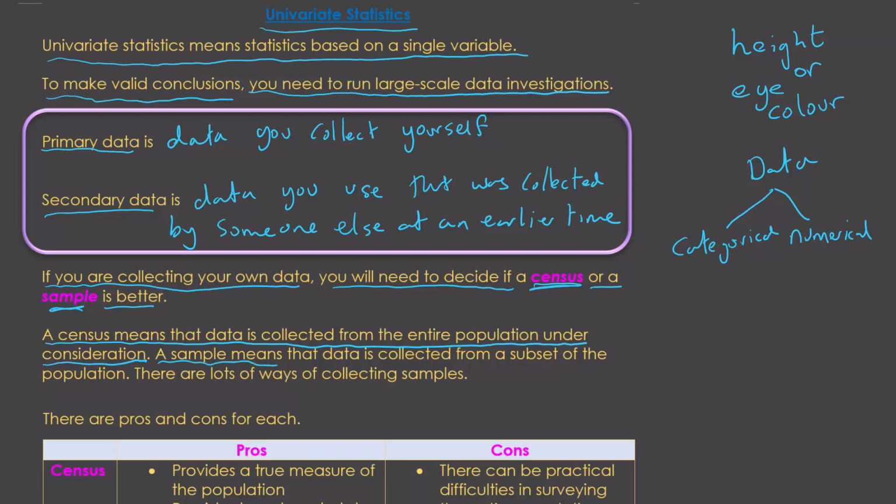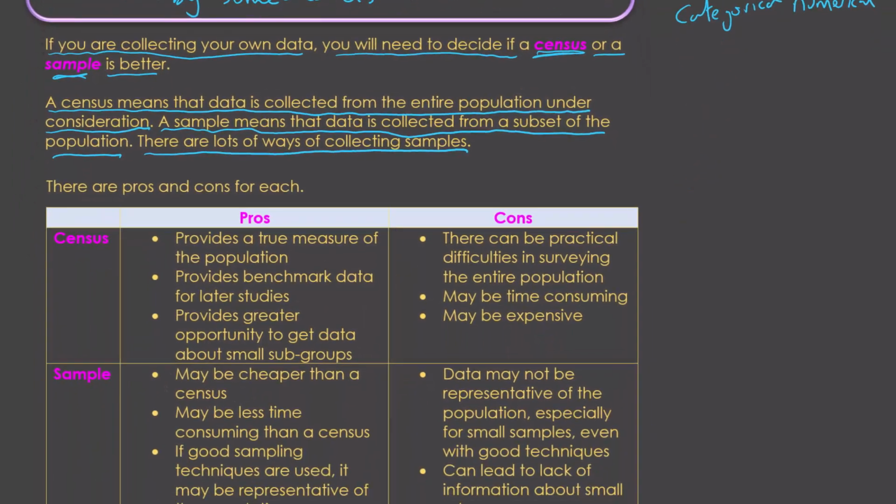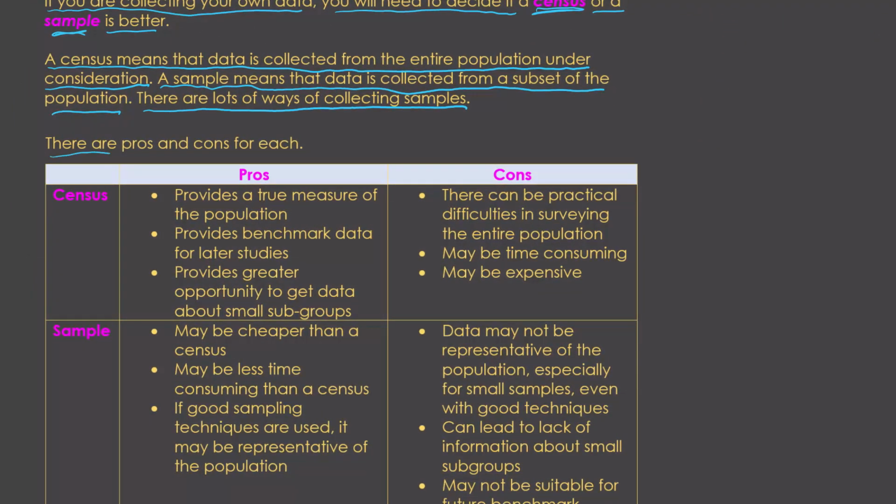A sample means that data is collected from a subset of the population. There are lots of ways of collecting samples. There are pros and cons of each, and we're talking about here whether we take a census or a sample.